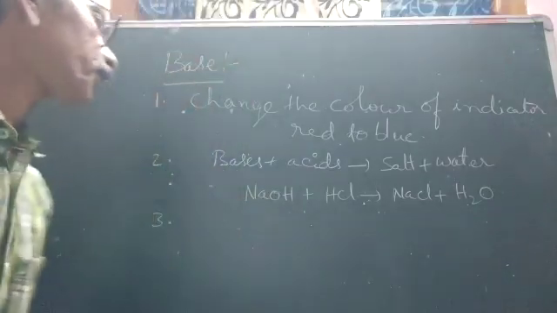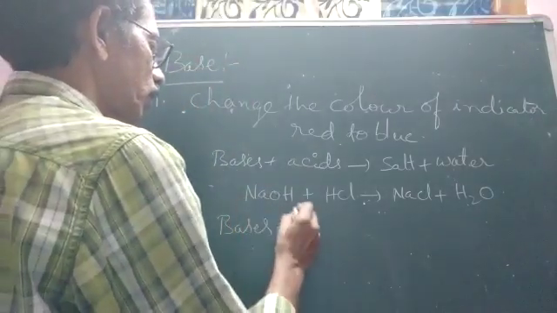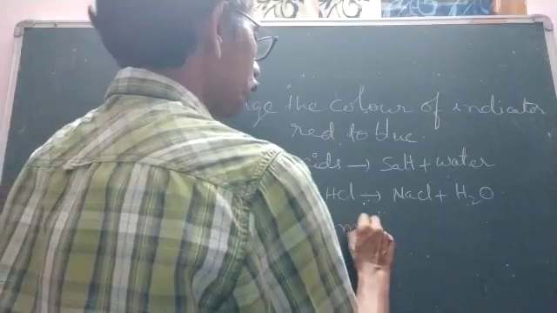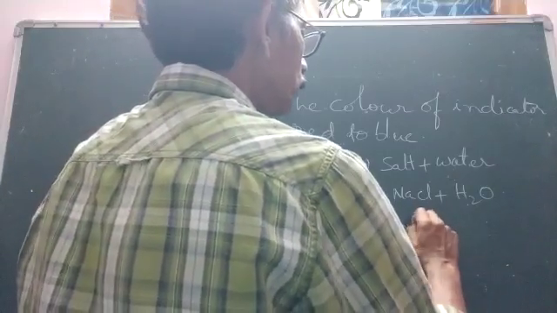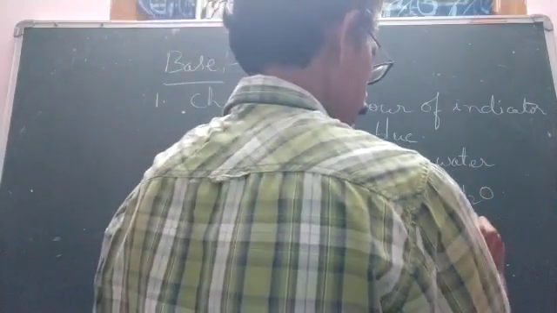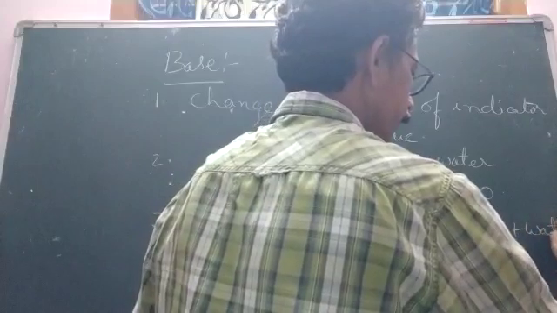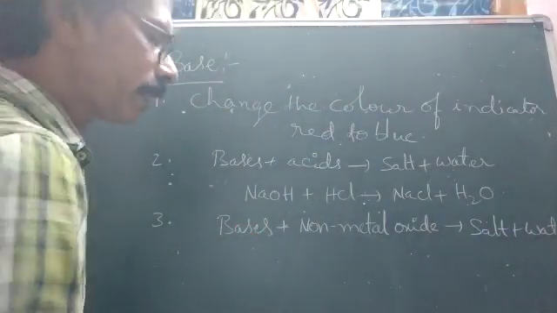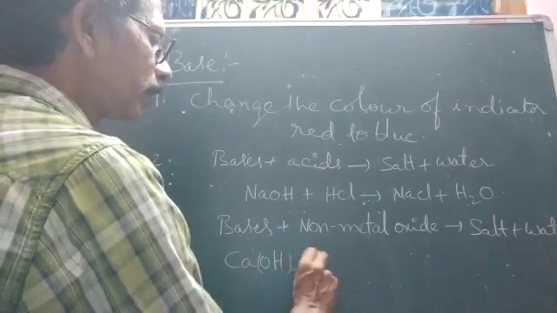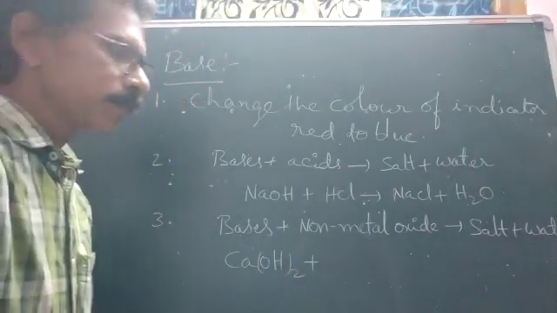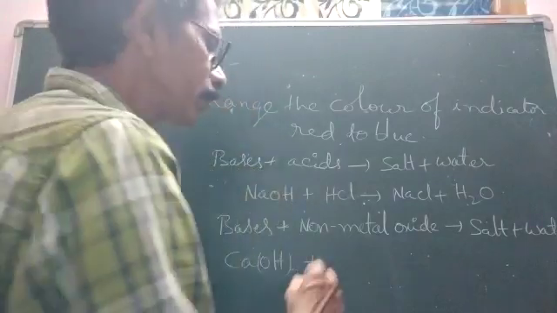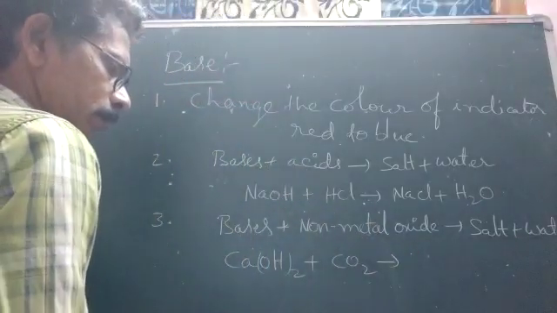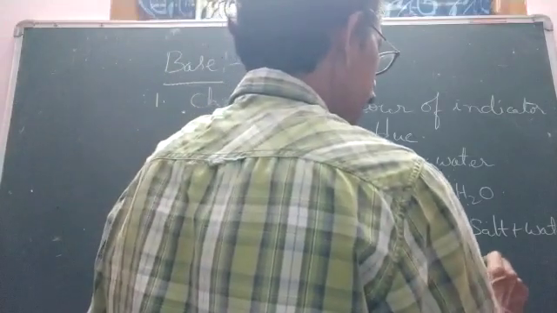For example, a base like calcium hydroxide combines with a non-metal oxide, carbon dioxide, and gives calcium carbonate plus water.